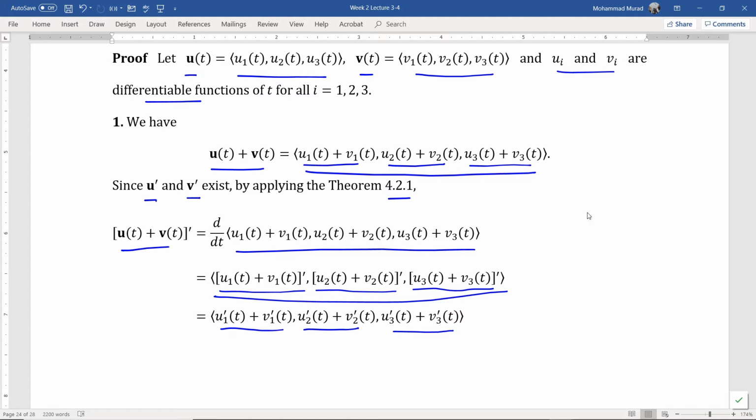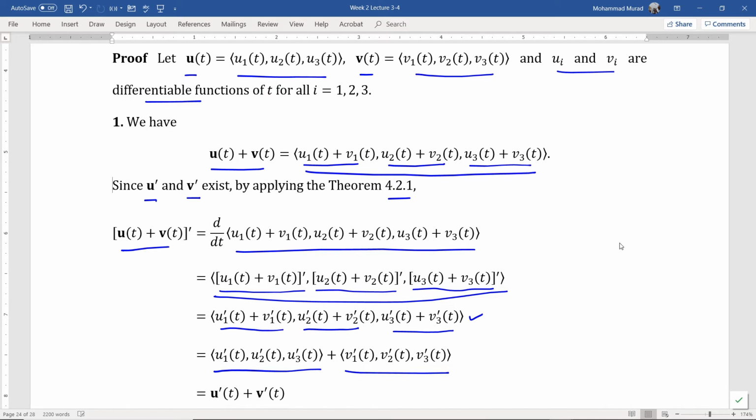Now we can write this vector as a sum of two vectors. The first vector has components u1 prime, u2 prime, and u3 prime, and the second vector has components v1 prime, v2 prime, and v3 prime.